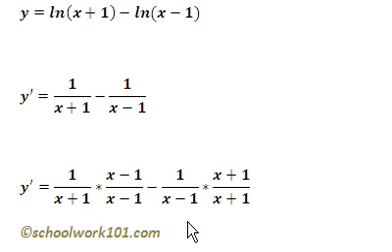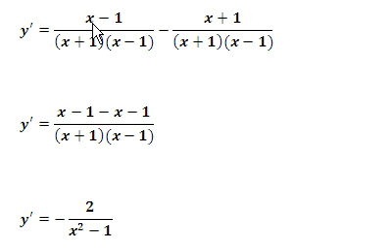Alright, and now since we have a common denominator, we're going to go ahead and simplify this thing down. I went ahead and simplified the top. Now we can just add the tops together. So we have x minus 1 minus, now I went ahead and distributed this minus across. So you can see that's the reason there's a minus here.